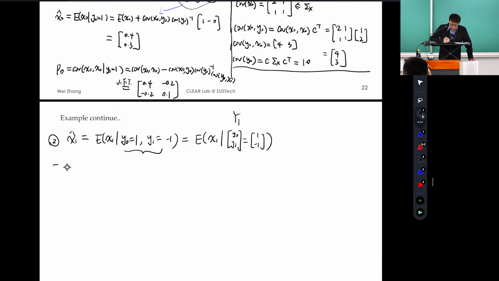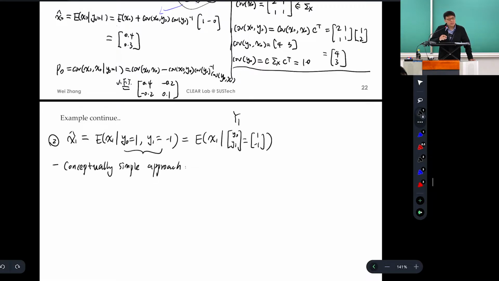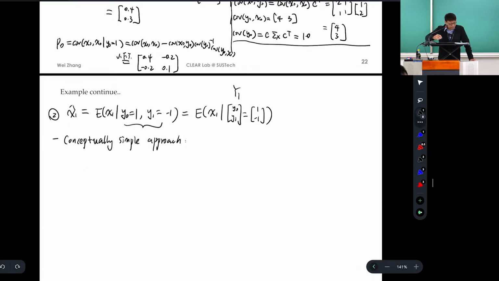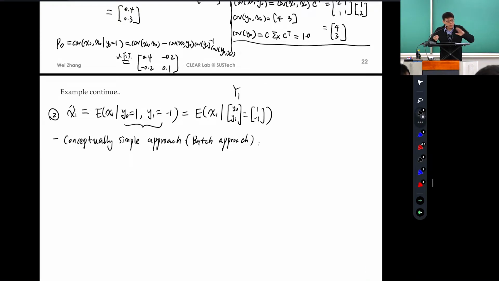I will say one is the conceptually simple approach. It doesn't mean it's computationally simple. It's just simple for you to understand. I will call this the batch approach. It's the same as the first step. This is not the Kalman filter, by the way.